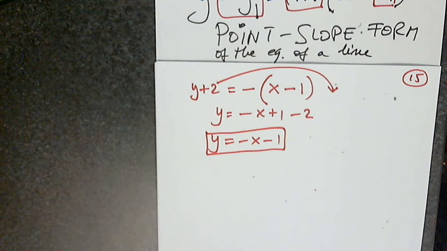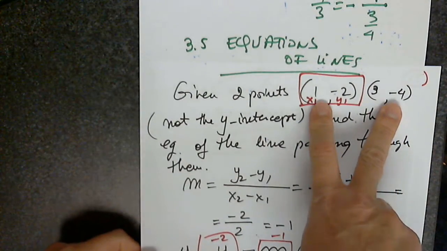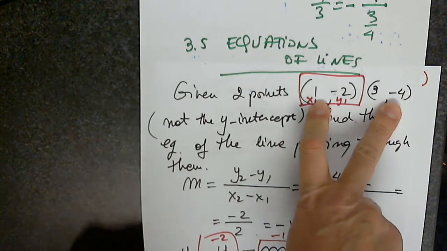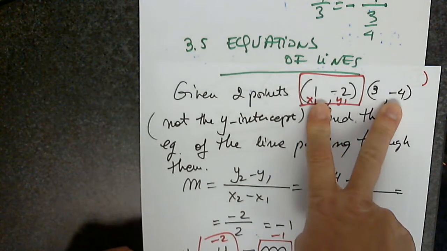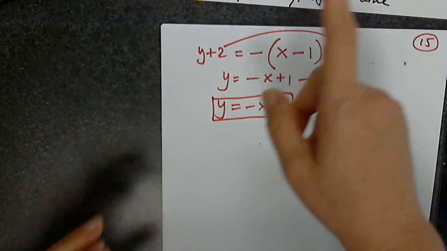One more time. What does this equation represent? The equation of the line passing through the given points, the points that we invented. So this is the equation of the line that passes through those points.